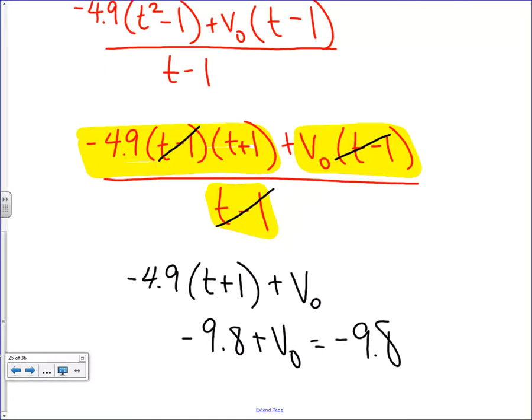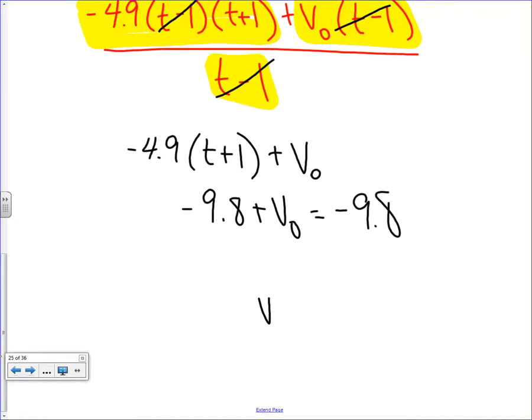Guys, so what's VO? So what does that mean? It was dropped. So it didn't matter if I put a plus or a minus on there. Because it wasn't thrown up or down, it was just dropped, wasn't it? Does that make sense how all that worked out? Okay. So the initial velocity is 0 meters per second.